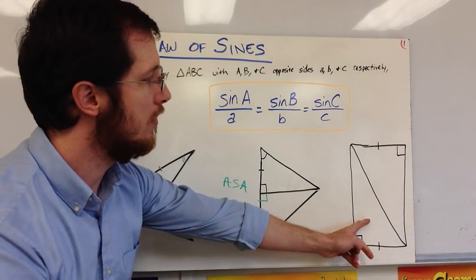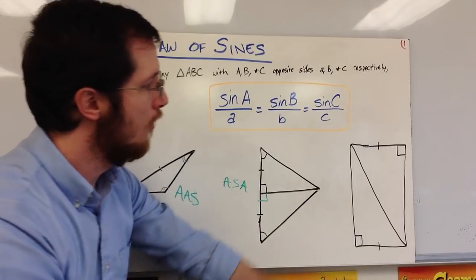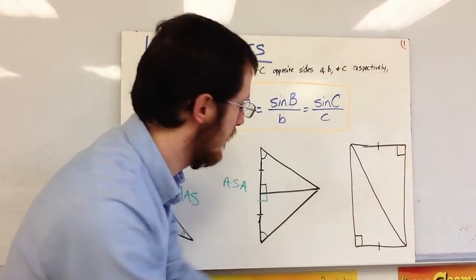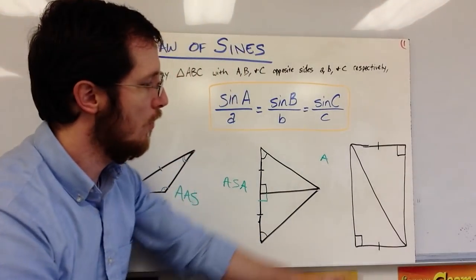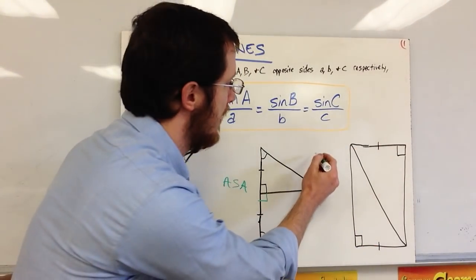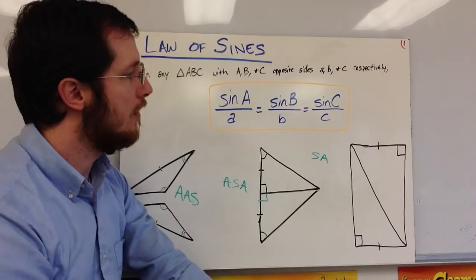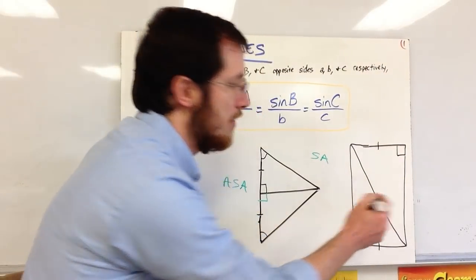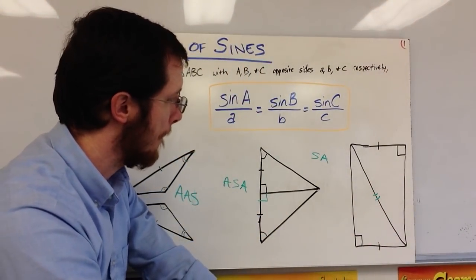Okay, if we go to our third pair of triangles, we've got a pair of angles in the right angles. We've got a pair of sides that are marked with a tick mark. And then we've got a second pair of sides. They share that diagonal there.